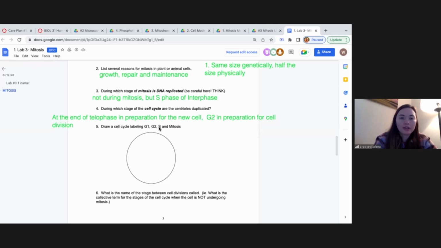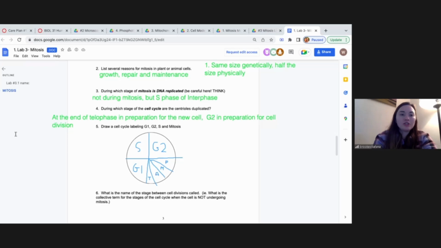So the picture looked like this. It goes G1, S, G2, and then it has the 4 phases of mitosis. So that's P, M, A, T.